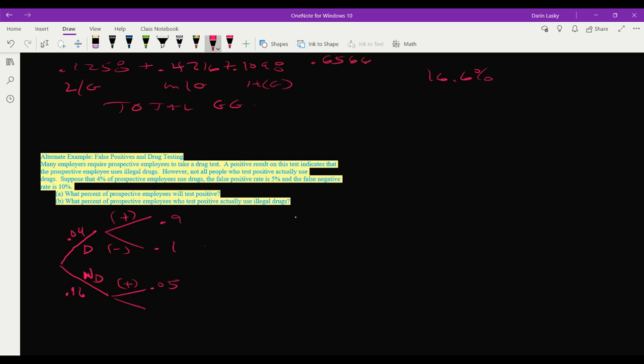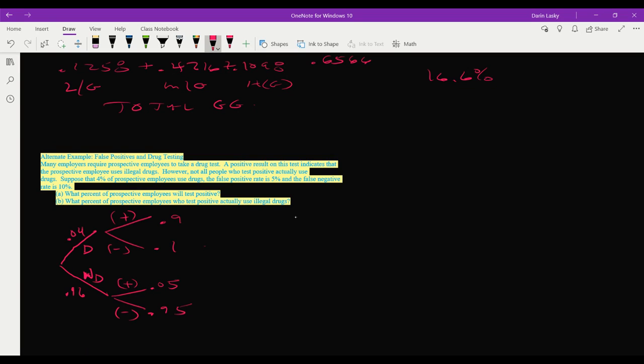This is a false positive. The idea of a false negative is the employee is taking drugs and they come out negative, so they don't come up as taking drugs. And then a false positive is they're not taking drugs and they end up testing that they do take drugs. So then this side would be 0.95. So this is negative. All right.